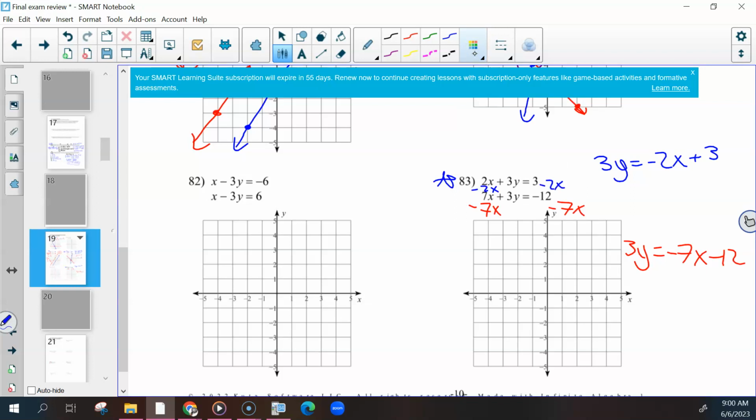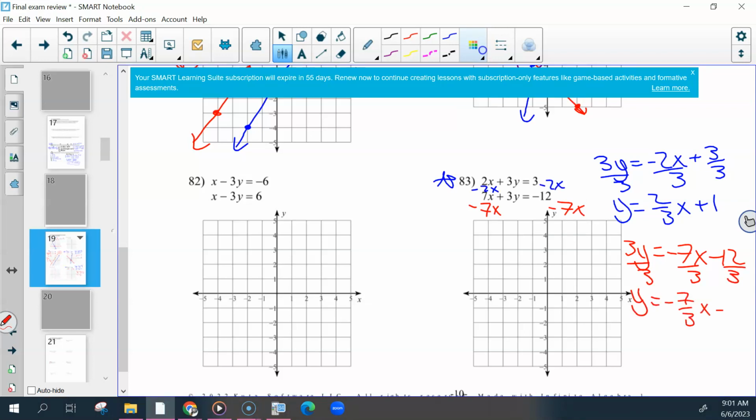But then for both, you're going to divide everything by 3. Some of them, like the -2 to -7, will just remain fractions. And the y-intercepts you can simplify. And then graph.